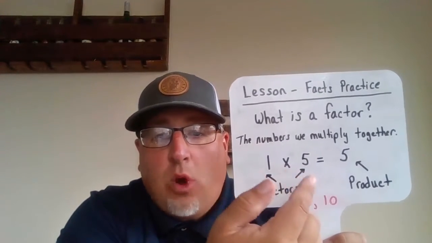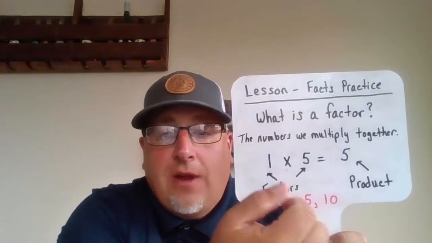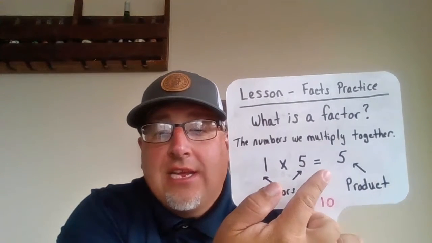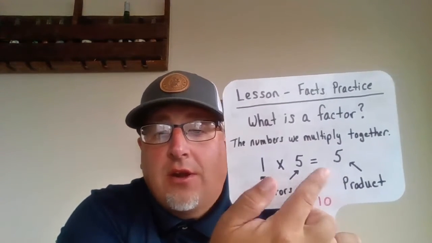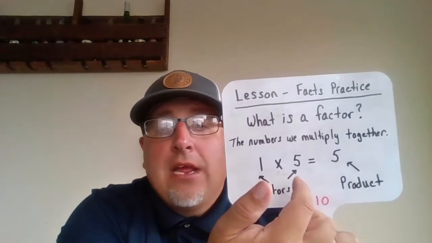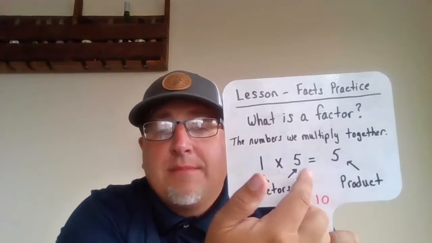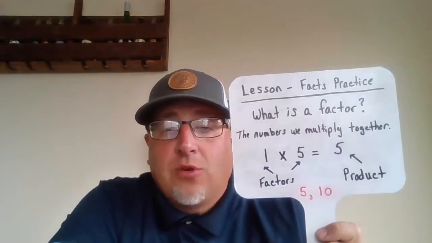If you come to the end, you get to the equals 5. 5, or the answer, is the product. But for what we're looking at today, the factors are 1 times 5. The numbers that we are multiplying together are the factors.